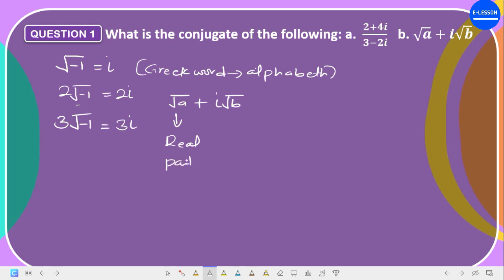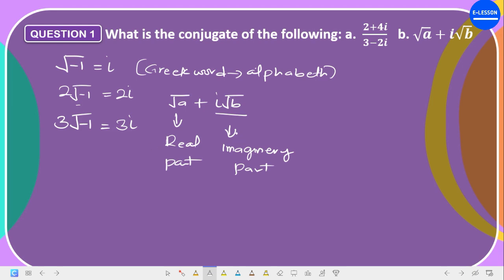The part that is carrying the iota is called the imaginary part. So the part carrying the iota is regarded as the imaginary part, while the part without the iota is regarded as the real part. Are we getting it now? So in this complex number given to you, this is the real part and this is the imaginary part.